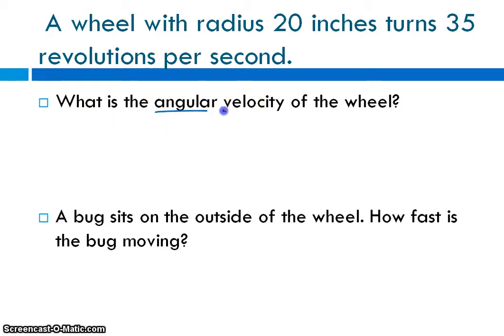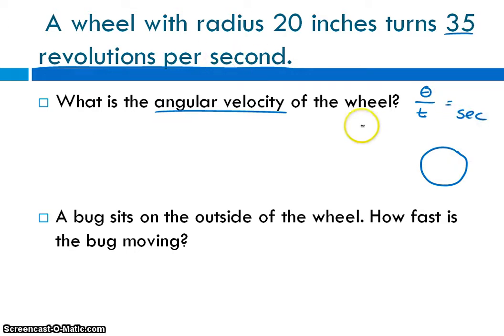So angular velocity means we're going to want some angle measurement over some time measurement. Okay, so in the givens, we're told it turns 35 revolutions per second, which means this wheel turns around 35 times per second. So our time unit is going to be seconds, because that's what we're given.